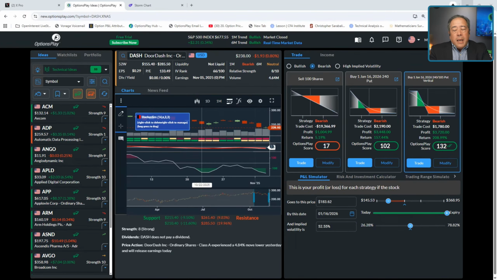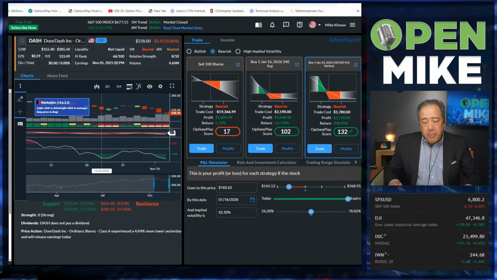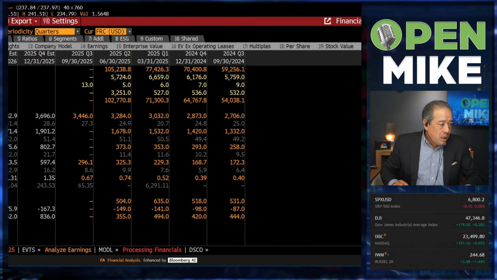So this might be a candidate for this strategy, because this is more likely to happen when you get a real disappointment that the stock gaps down and there remains a bid for implied vol. So this one's probably likely to have a pretty high implied volatility tomorrow.